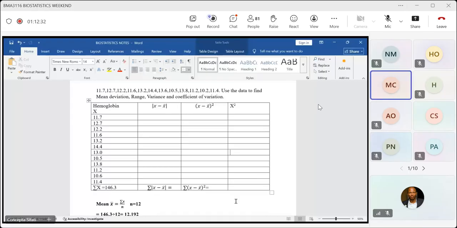We don't have 10.2, it's 10.5. But it is here in the data. That means there is a place where we have missed something. The data in the table is not corresponding with the data given. The next one is 10.2, and here it's 10.6.